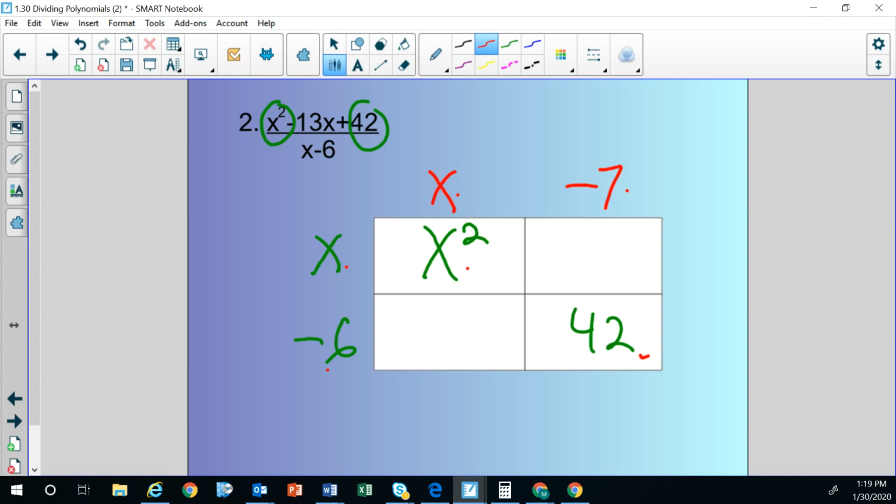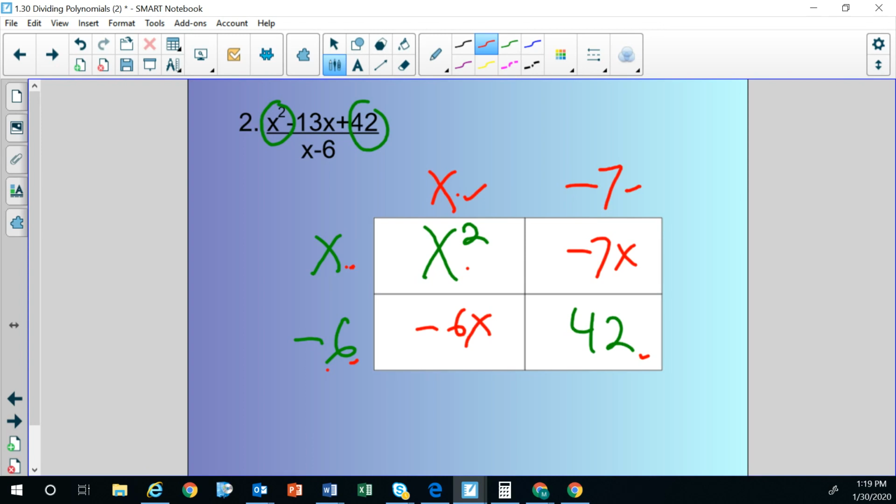Now, let's start filling the boxes now. X times negative 7 gives me negative 7x. And negative 6 times x gives me negative 6x. All right?